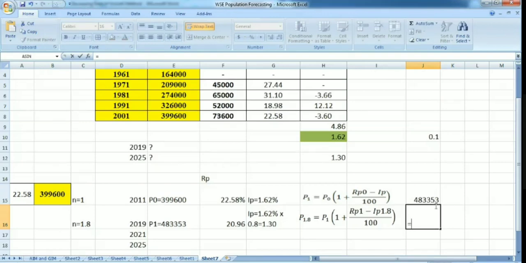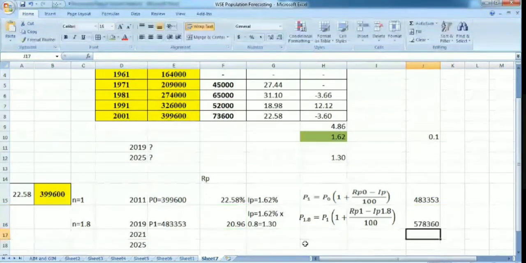That is 4,83,353 of the previous decade, multiplied by 1 plus RP. The RP value is 20.96 minus 1.3, divided by 100.